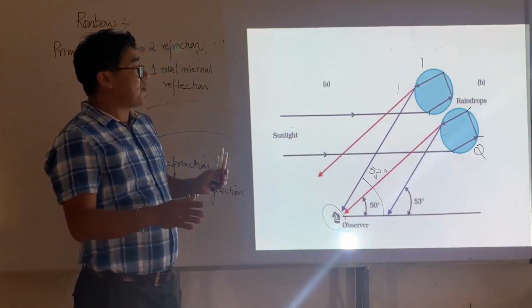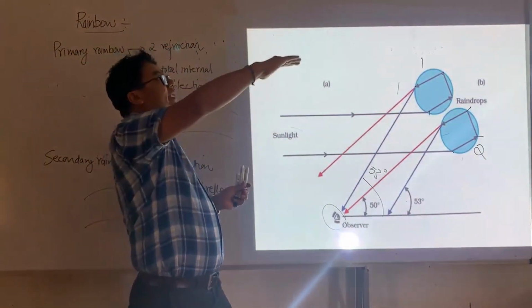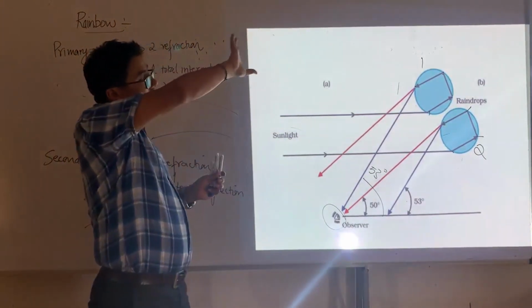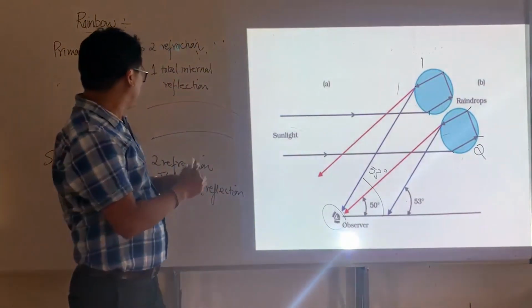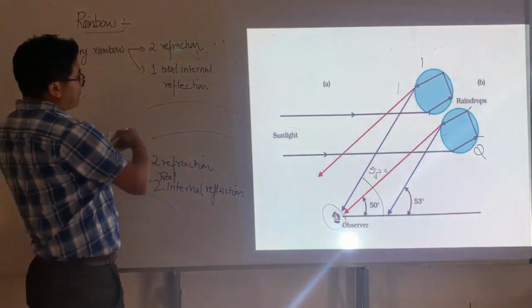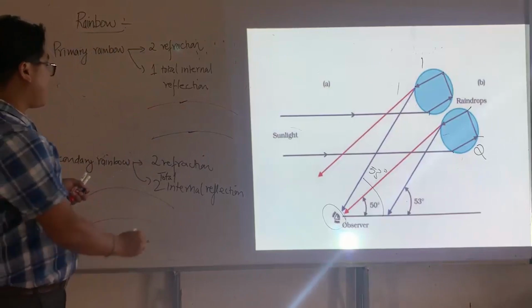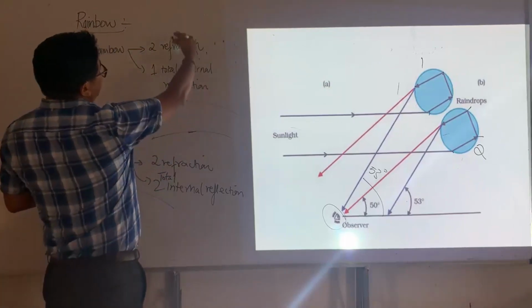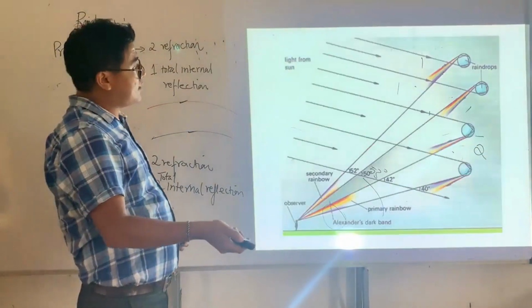So first you will find a primary rainbow, and a little higher than the primary rainbow you find the secondary rainbow. You find a continuous change of colors, red to violet for the primary rainbow, and then violet to red for the secondary. This is what you see in the case of a secondary rainbow.